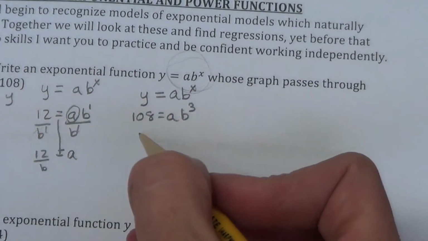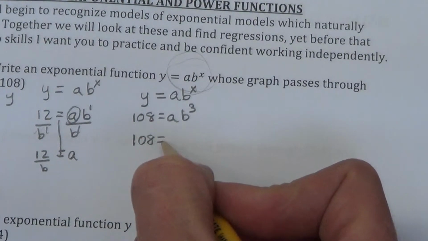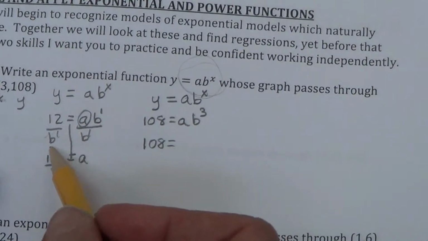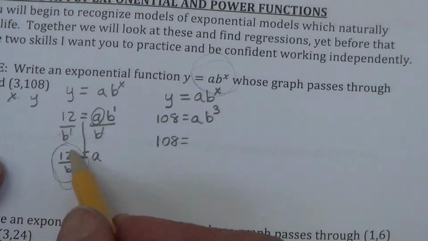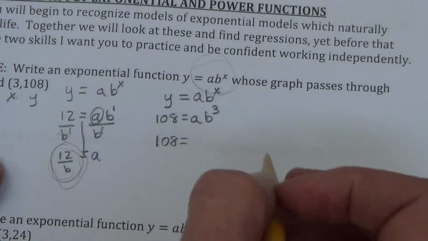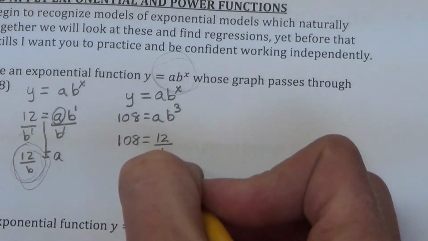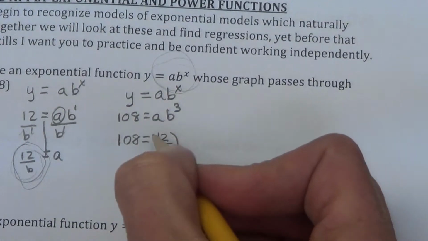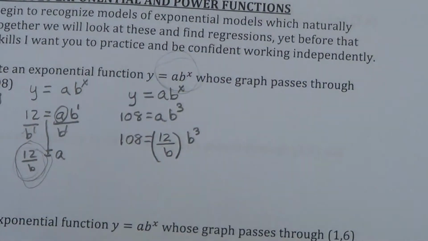Now we come over here, 108 equals, well, 12 over b is equal to a, so we can plug that in for the a value. 12 over b plugged in for a times b to the third.